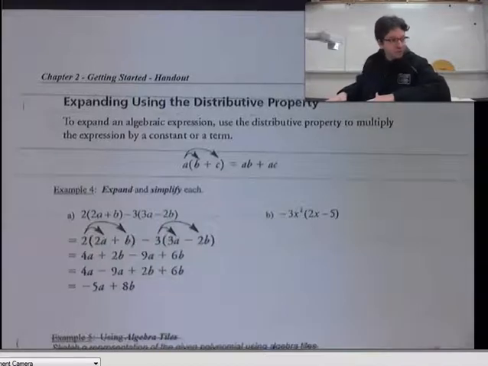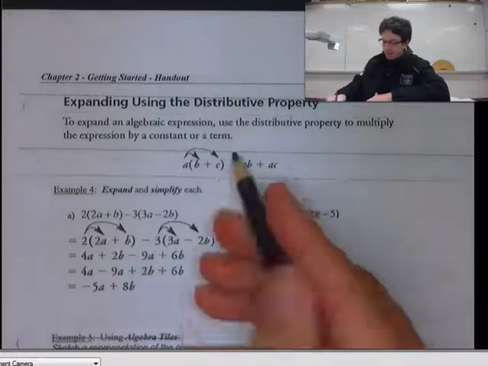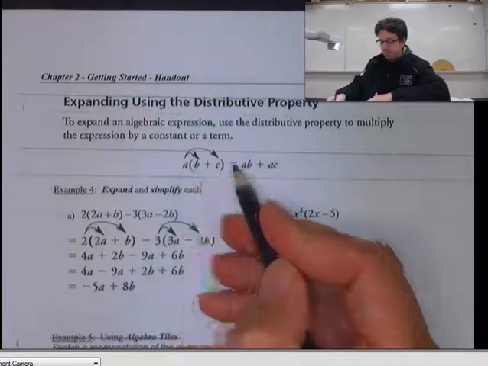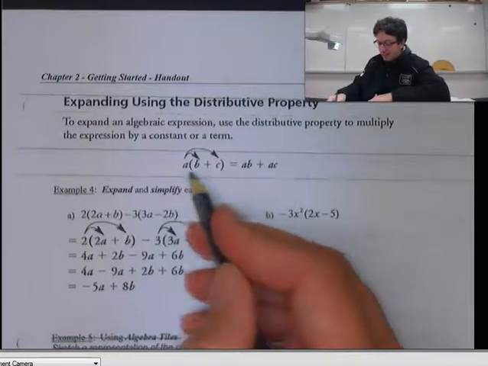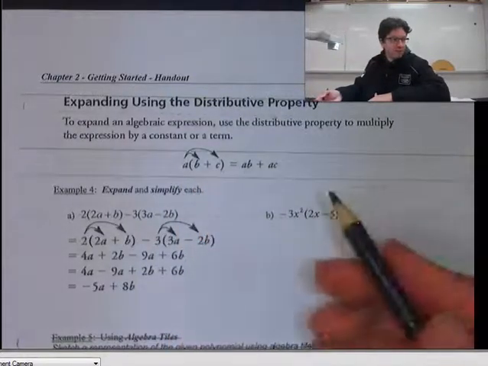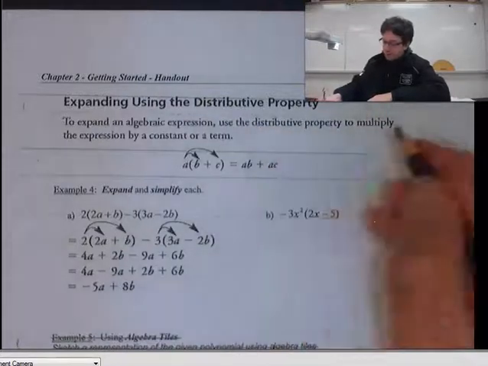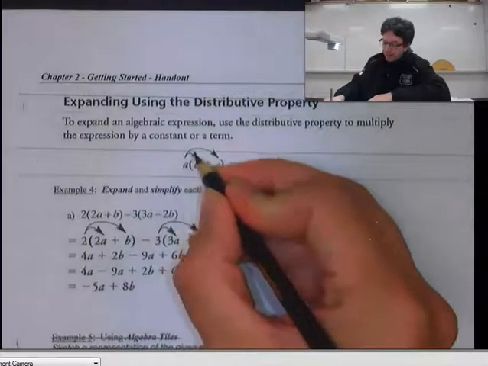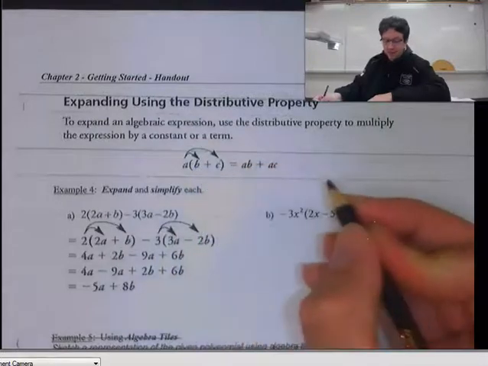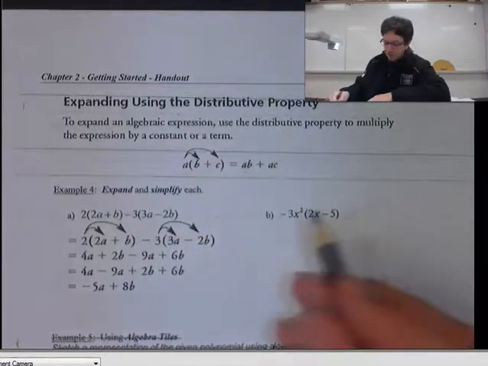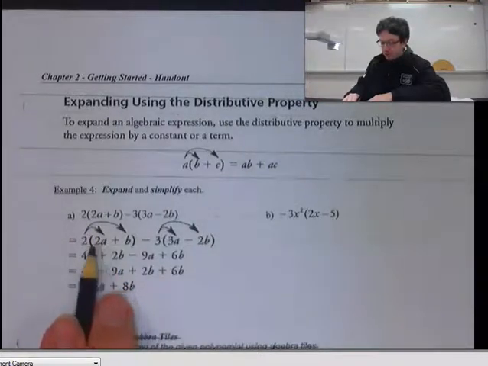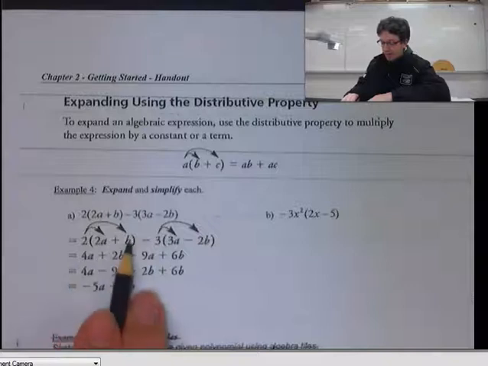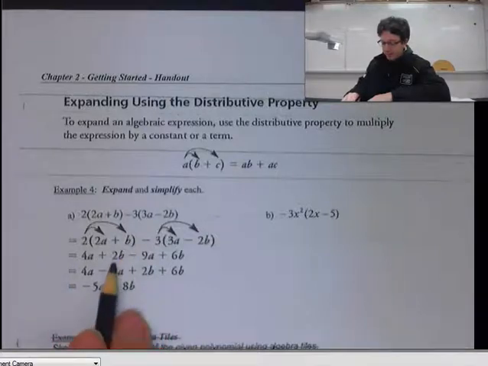All right, so we're going to review the distributive property. We've used this quite a lot. If you have brackets and you're multiplying the brackets by either a variable or a constant, and inside the bracket maybe you have a polynomial, the term outside the bracket simply needs to be multiplied into every term inside the bracket. So in this example, the 2 gets multiplied into both 2a to give you 4a, and the b to give you 2b.